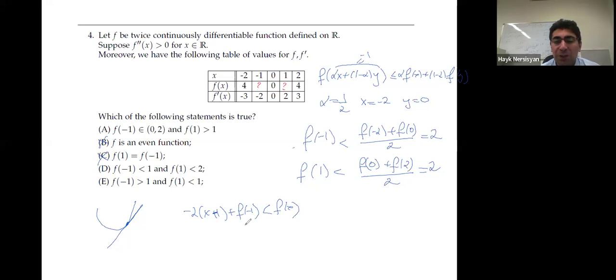Okay, from this inequality, what we can say, let's plug instead of x anything that is given here. For example, -2 or 0 or 2 to get some information that we can use. If x equals -2, plugging here -2, we'll get -2 times -1, f(-1) is smaller than f(-2) -1.